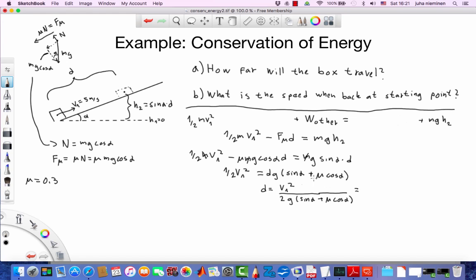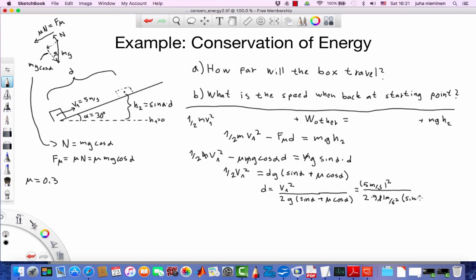The initial velocity was 5 meters per second, squared, divided by 2 times the acceleration of gravity, and then sine of alpha, we have 30 degrees, let's say.